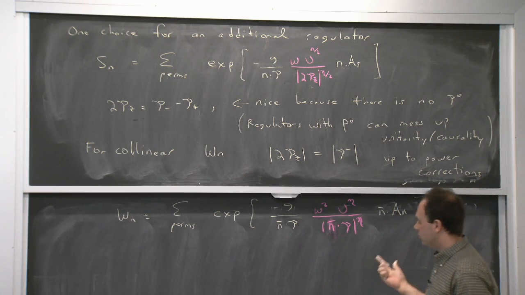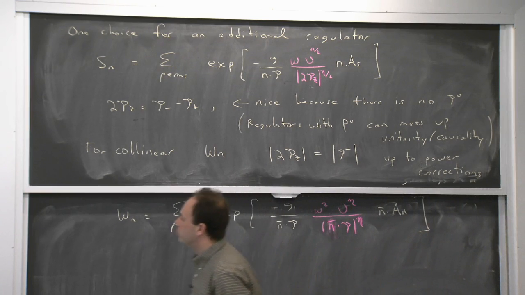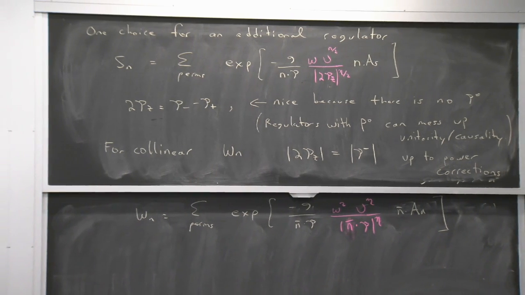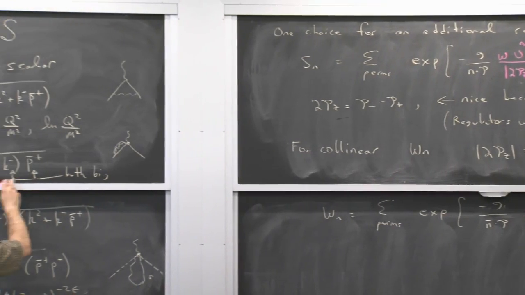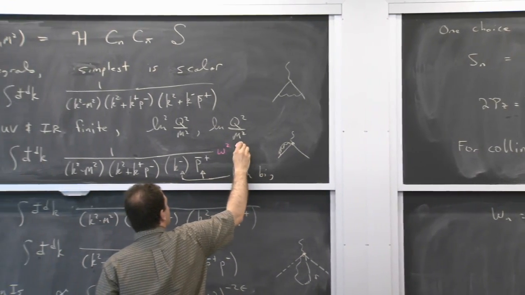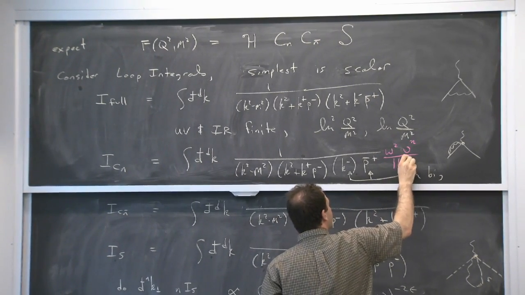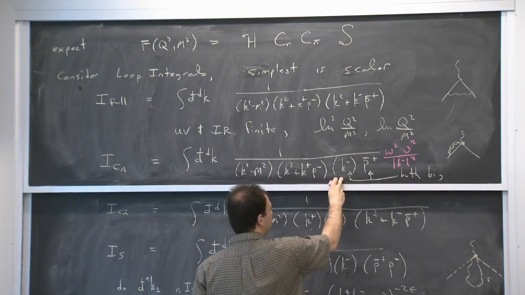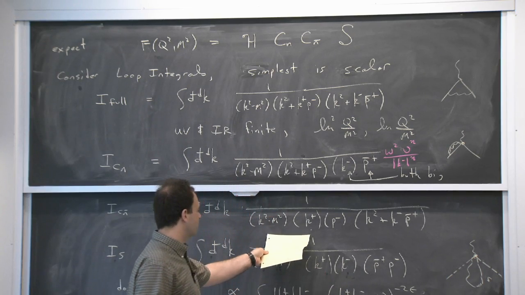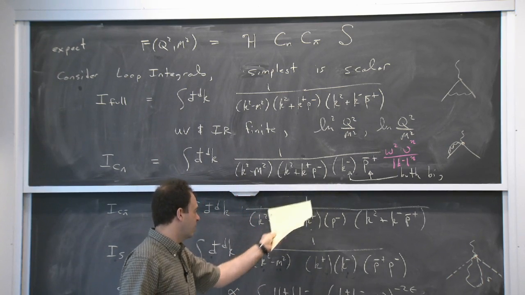OK, so if we were to do that and go back over here and put the regulators into these integrals, what would happen? Here we'd get an extra factor, k minus to the eta. And so that would regulate this k minus. And these integrals will also have poles from the 1 over k minus.